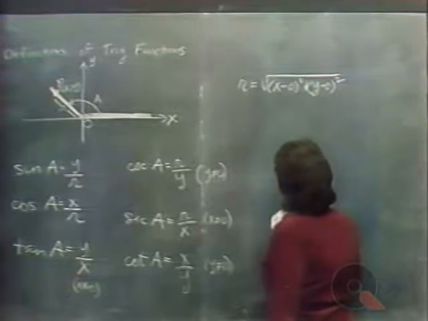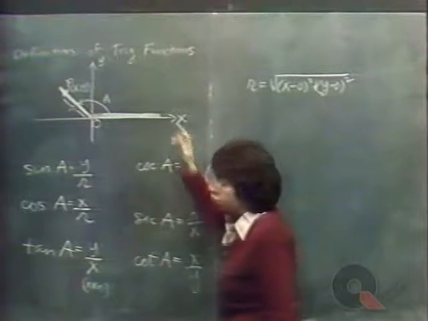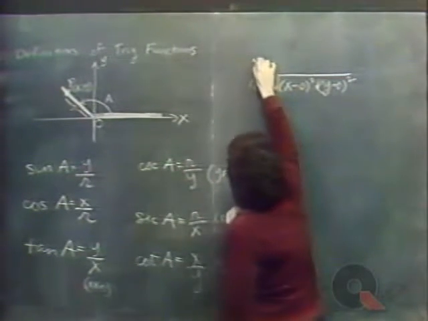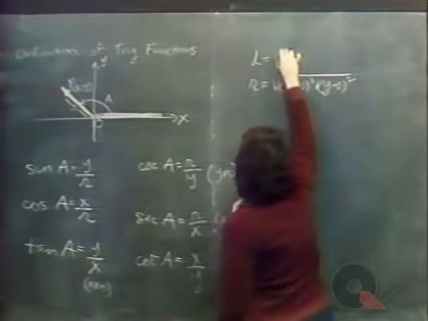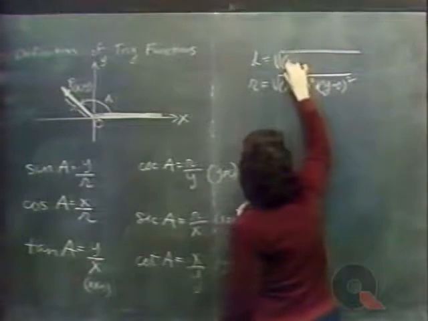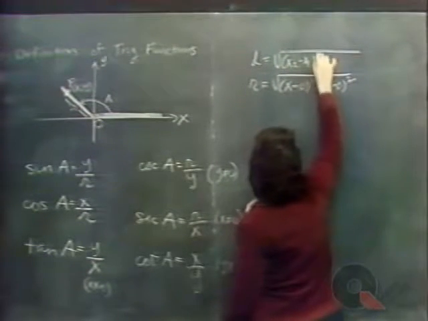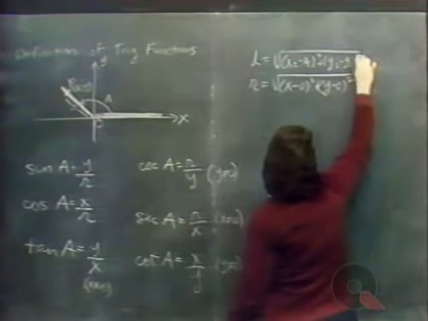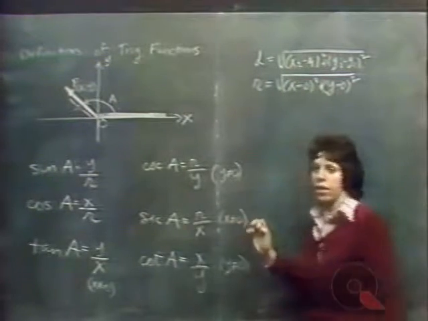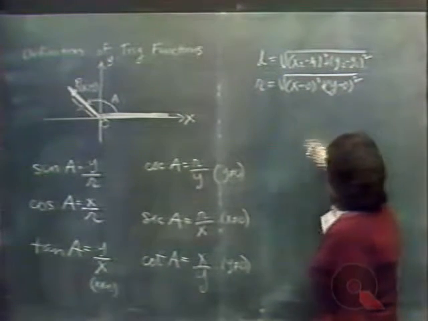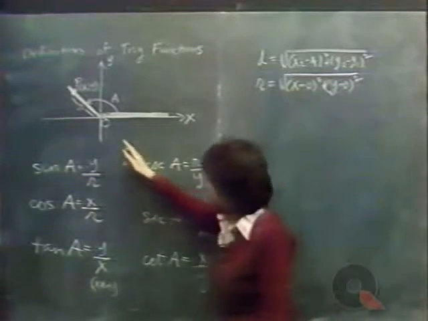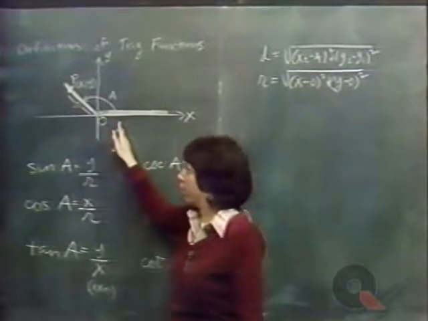We have a formula for the distance between 2 points, which we learned in our algebra classes. The distance between 2 points is the square root of x2 minus x1 squared plus y2 minus y1 squared, where the 2 points are x1, y1, and x2, y2. And what we have here are 2 points, one of which is 0, 0, that's the origin.